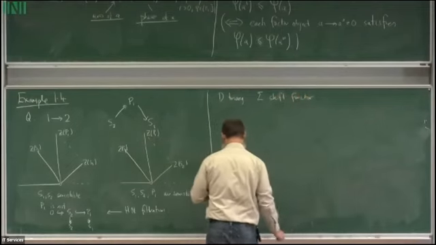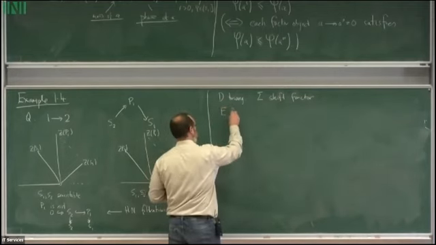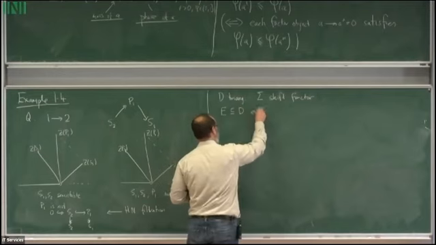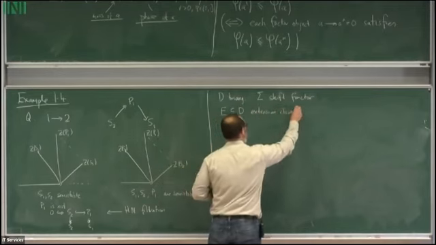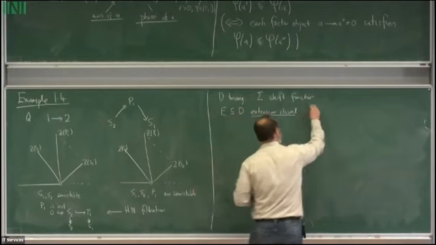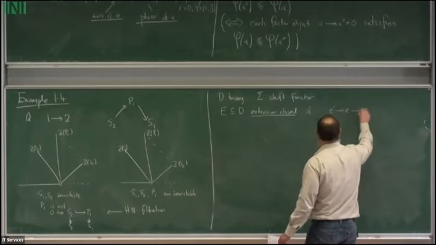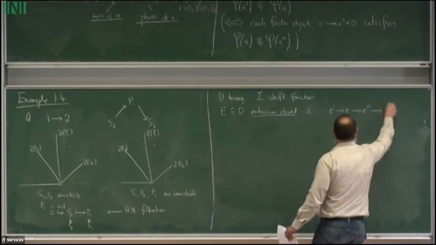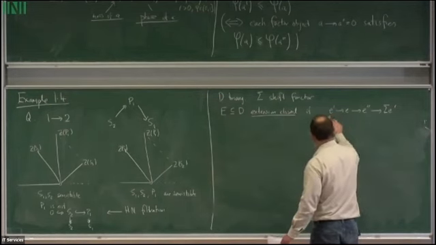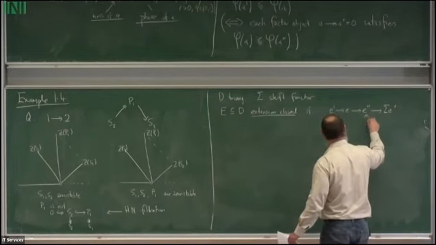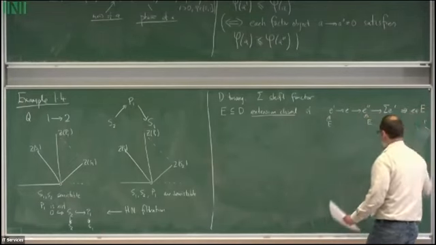And I'm going to say E, a subcategory of D, is extension closed if whenever I have a triangle E' to E'' to sigma E', if the outer terms are in E, this implies that the middle term is in E.